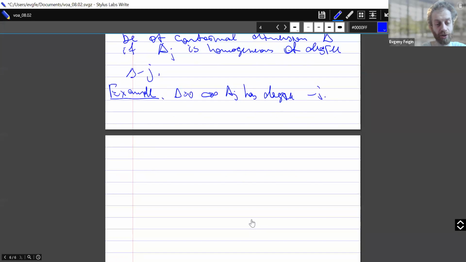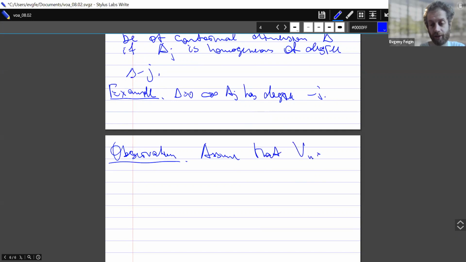So the observation is as follows. Assume that V_n is 0 for n small enough. It means that our decomposition of V might have infinitely many positive homogeneous components, but only finitely many negative ones.